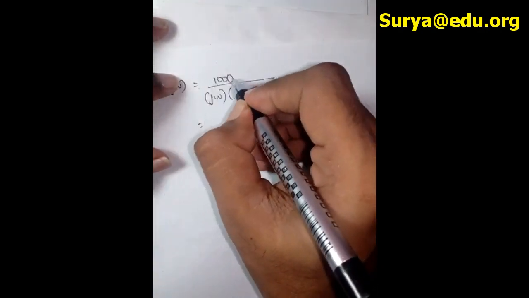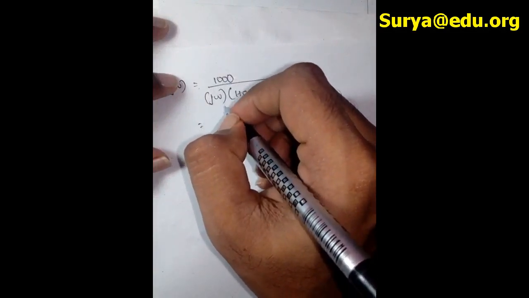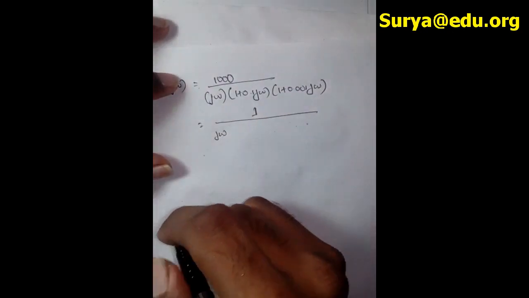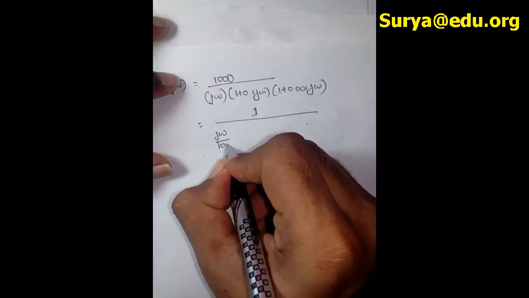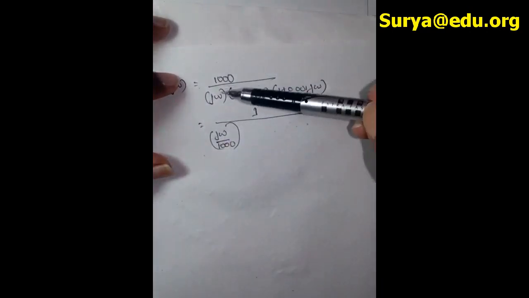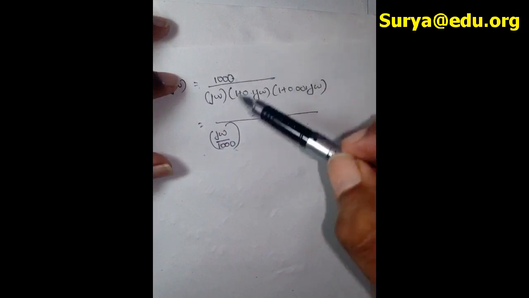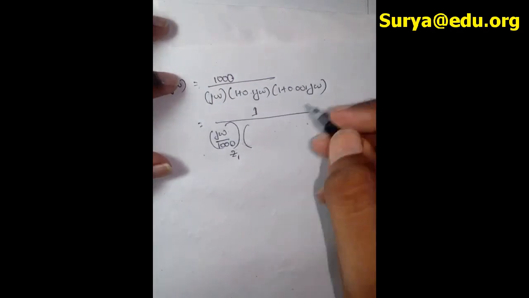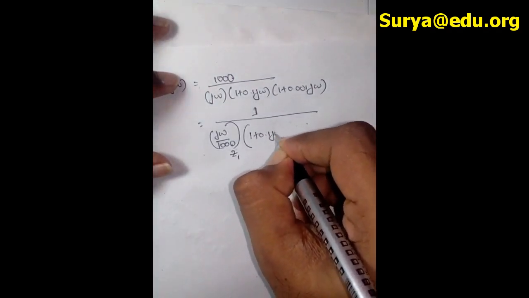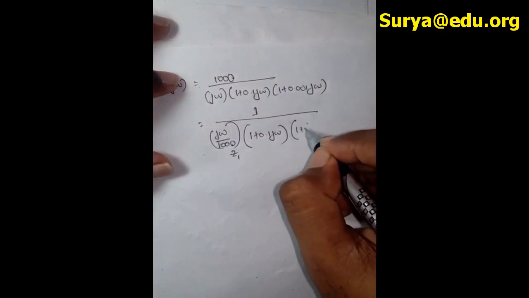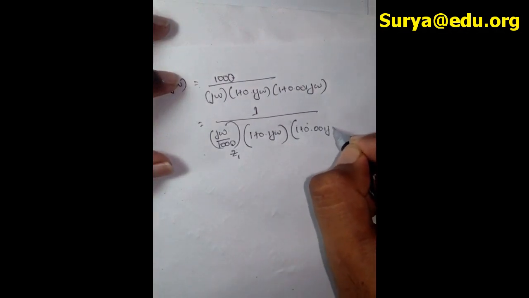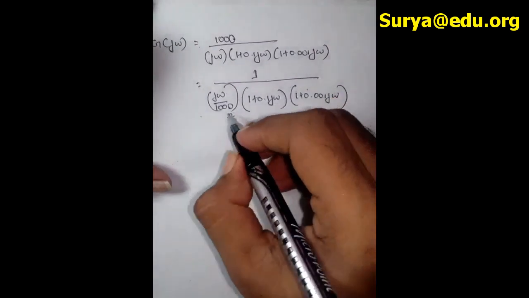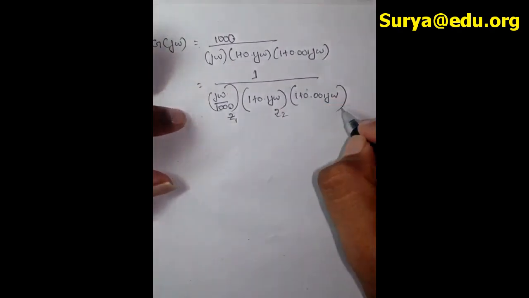You can put this 1000 downwards in inverse format, so j omega divided by 1000. This is one complex number z1, this is another complex number 1 plus 0.1 j omega, and this is the other complex number 1 plus 0.001 j omega.